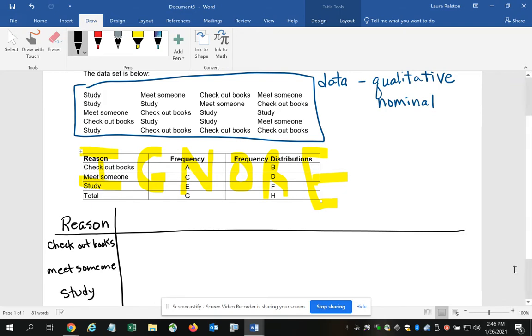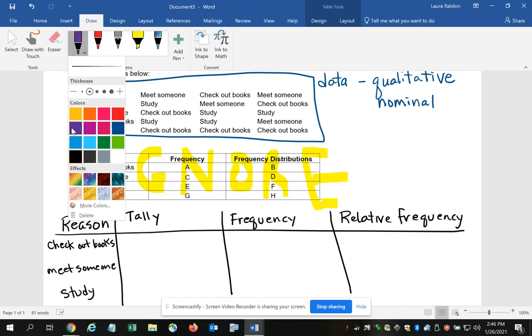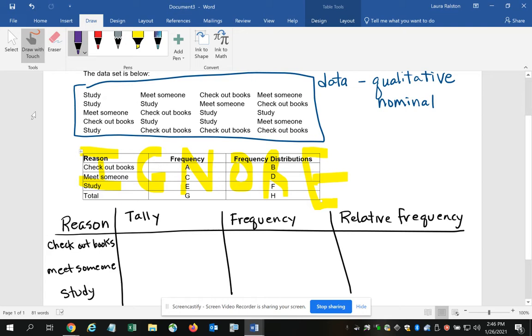Okay, so I'm going to add a column here. I'm going to add a tally column. And then we will have our frequency. And finally, we'll have our relative frequency. Okay, so then once I get the basic layout of the table set up, I go through the list of data, and each time a value occurs, I'm going to put a tally mark.